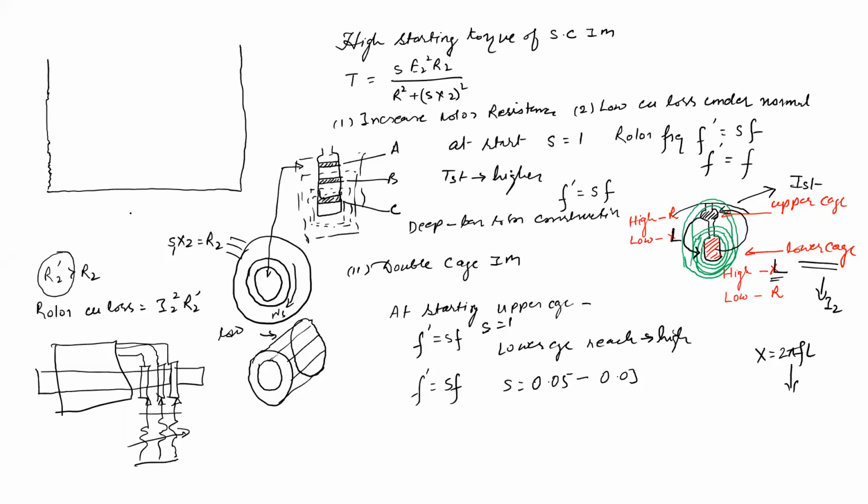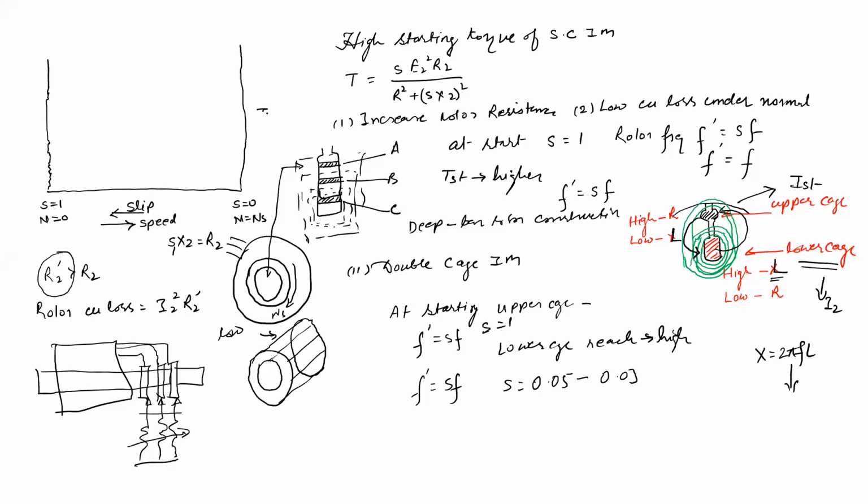So this is the slip. Slip is increasing in this direction. Here slip S is equal to 0, S is equal to 1, speed is equal to 0, and speed is increasing in this direction, up to synchronous speed.